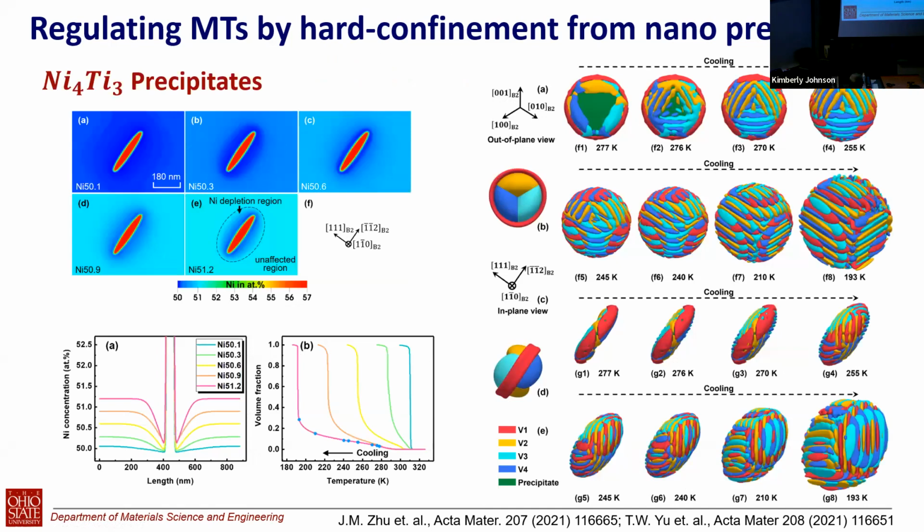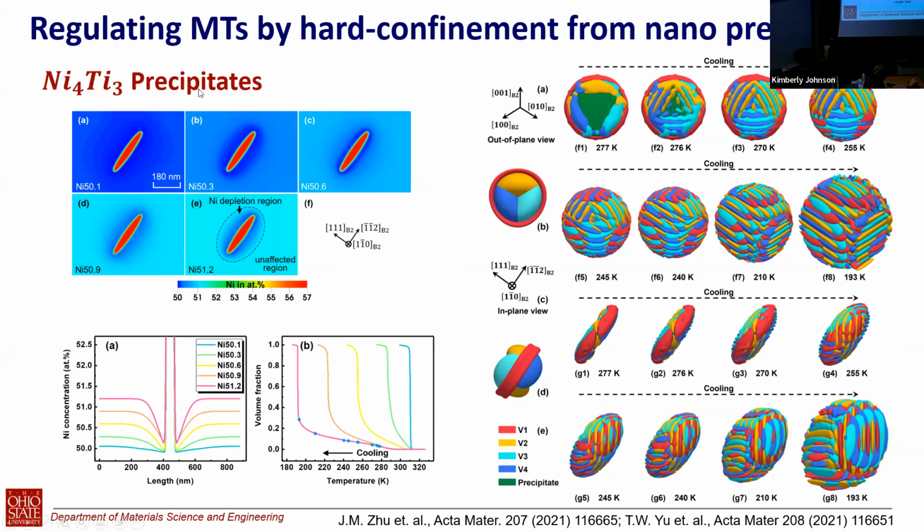We did the simulation with the Ni4Ti3, and when they grow, you create concentration modulation in the matrix space. You create concentration modulation already, and because it's a coherent precipitate, you have coherent stress. Both the mechanical effect and the chemical effect are going to change the martensitic transformation behavior.